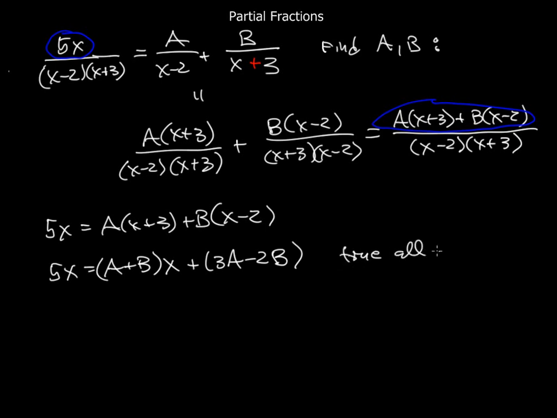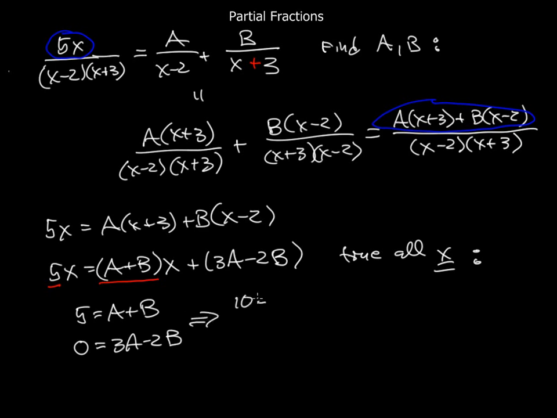And this is the equality of two polynomials in x. It has to be true for all x, and the only way that can be is if the coefficients of x agree, which is to say 5 is equal to a plus b. And on the other hand, the constant term on the left-hand side, which is 0, has to equal 3a minus 2b. So this is a pair of equations to solve for a and b.